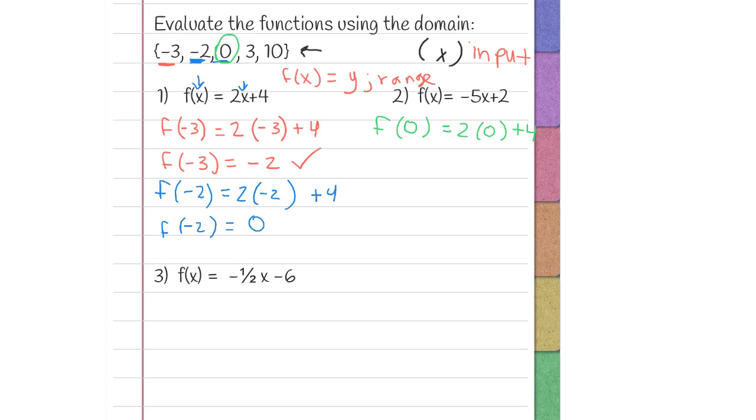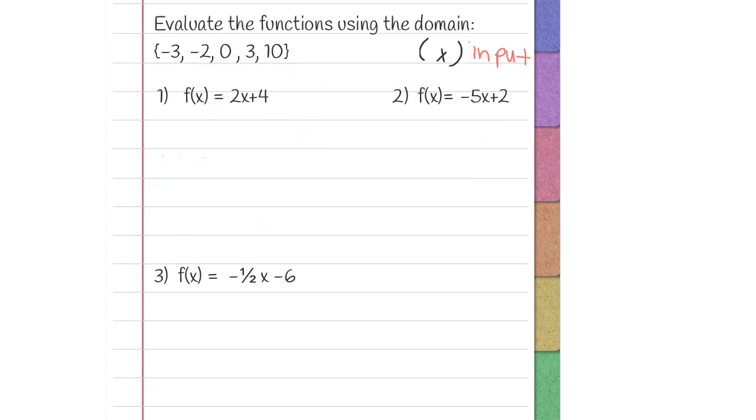Because that's my input or my x. So now I'm going to evaluate this. So what's 2 times 0? Well, that's just 0. And 0 plus 4 is 4. So that's it. I'm done for that one. And you guys can do the 3 and the 10, okay? Let me know what you guys get. Meanwhile, I'm going to go ahead and move on to number 2.